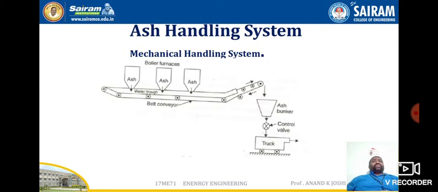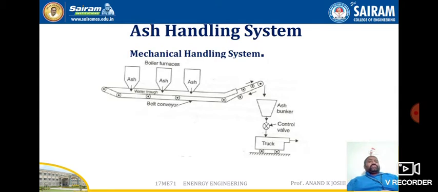There are ever-increasing capacities of boiler units, together with the ability to use low-grade, high-ash-content coals, which have been responsible for the development of modern ash handling systems. The general layout of the components used in modern ash handling systems includes the dust collection plant, as shown. Modern ash handling systems are mainly classified into four categories: mechanical, hydraulic, pneumatic, and steam jet type ash handling systems.